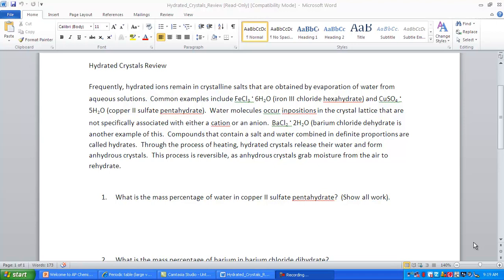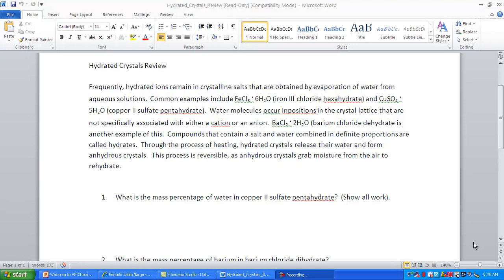The dot does not need to multiply, it simply means attach to it as part of its structure. Now, how many molecules of water attach to the crystal end up in the name of the hydrated crystal? And again, using the same prefixes from molecular compounds, we hear mono, di, tri, tetra, and so forth.